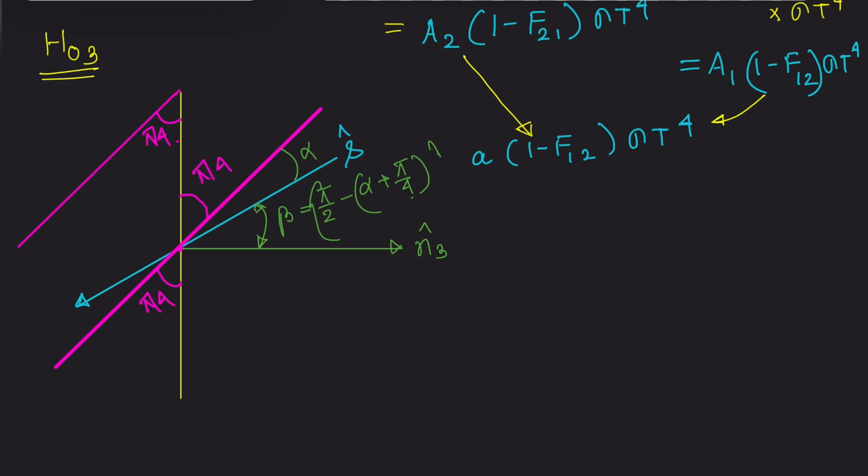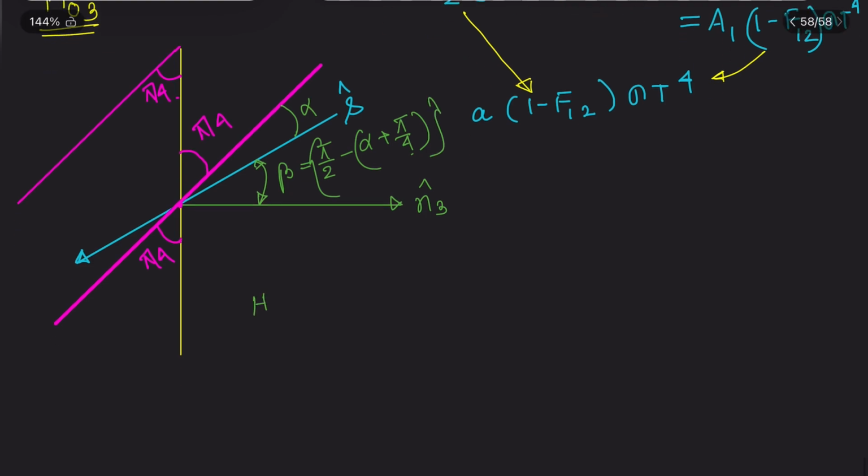Right? That means my HO3 I can directly write as minus q sol cos of pi by 4 minus alpha plus what I have written, pi by 2 minus alpha plus pi by 4, that will be sine of alpha plus pi by 4.